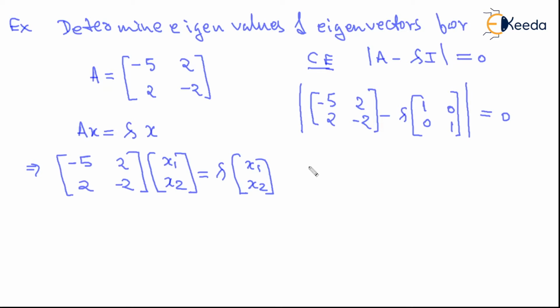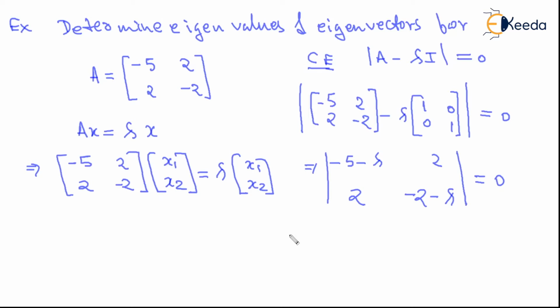So that is -5 minus lambda. There won't be any element here because lambda times 0, so this will become directly 2. This is 2. This is minus lambda, lambda into 1, so -2 minus lambda, equal to 0.